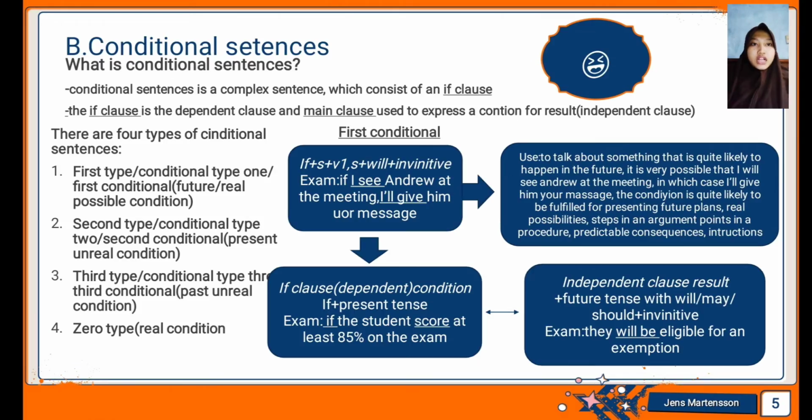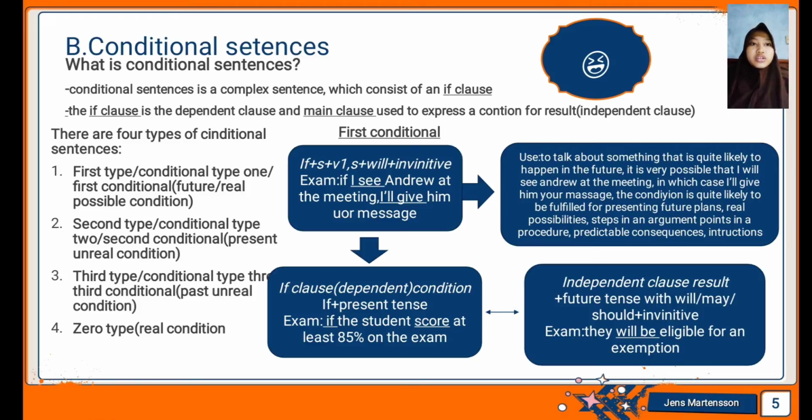Next material is conditional sentence. What is a conditional sentence? A conditional sentence is a complex sentence which consists of an if clause. The if clause is the dependent clause, and the main clause is used to express a condition for a result, the independent clause.